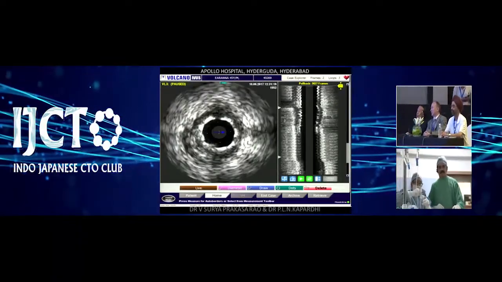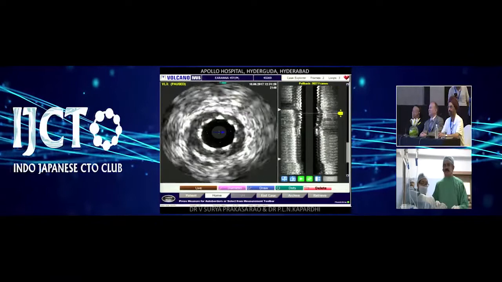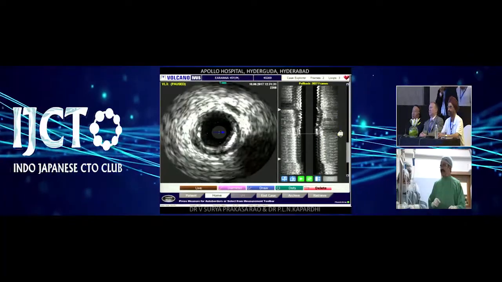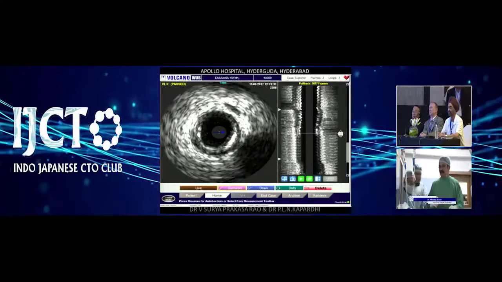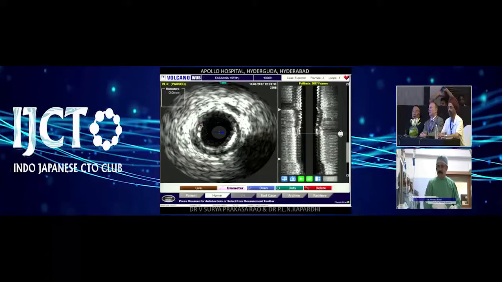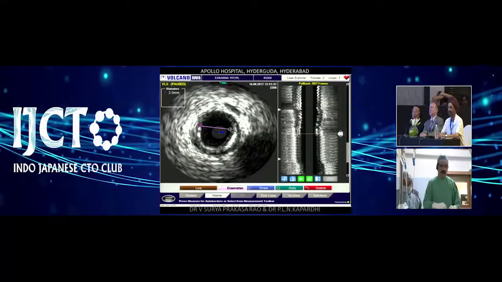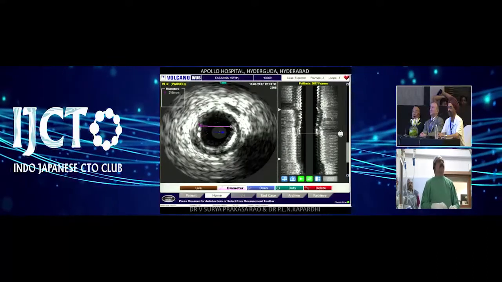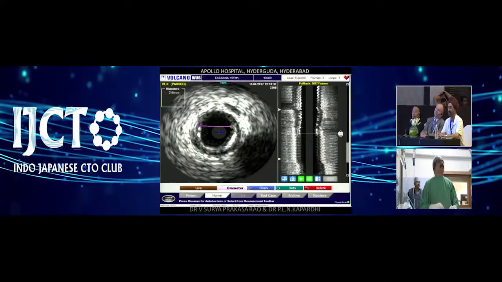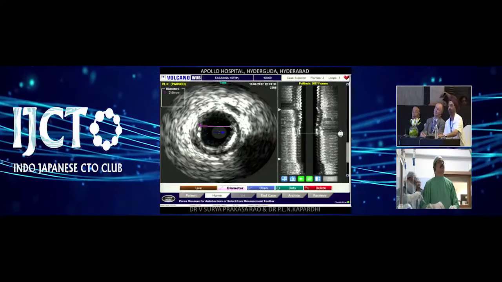The stent is already placed. The CTO. But proximal is a lesion. 3.5 square millimeters. We have dilated to 3.5. Interesting way of measuring a diameter. Yeah, that's what.